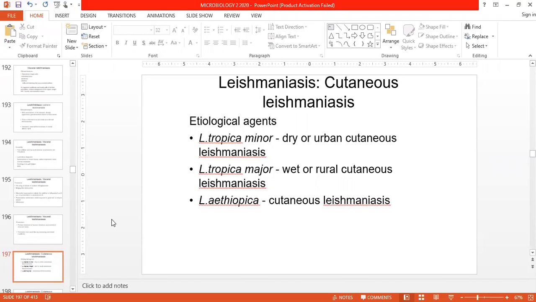Then we have the aethiopica. The reason why they are saying dry or urban simply means that the urban ones are found in cities, right? Then the rural ones are normally seen in the forest zones.